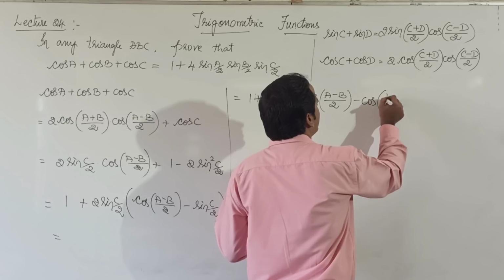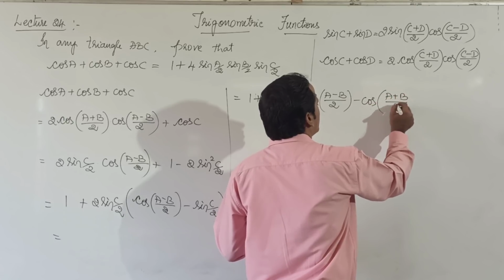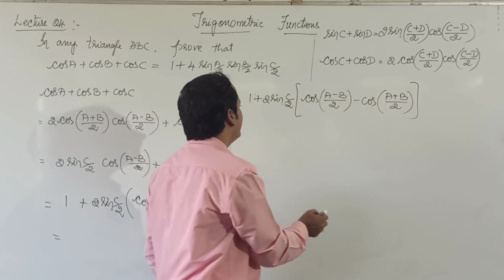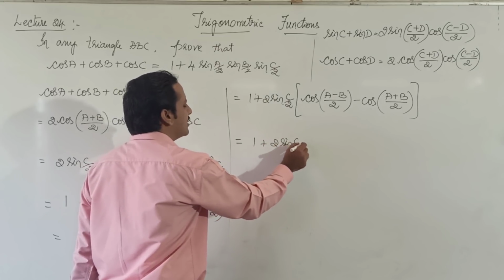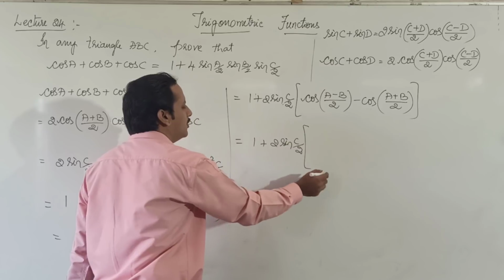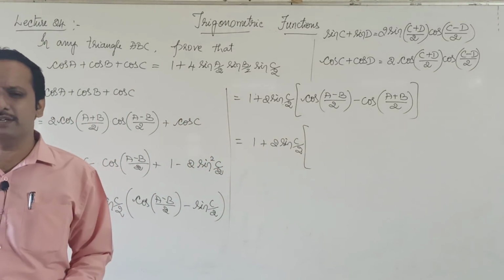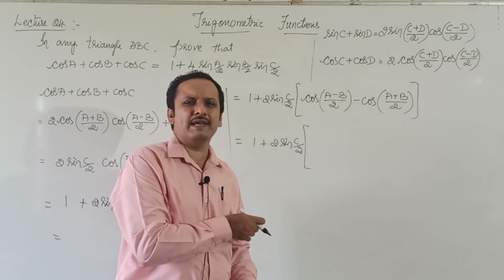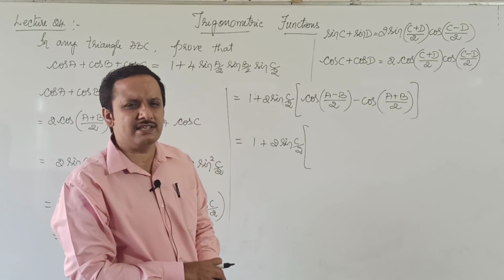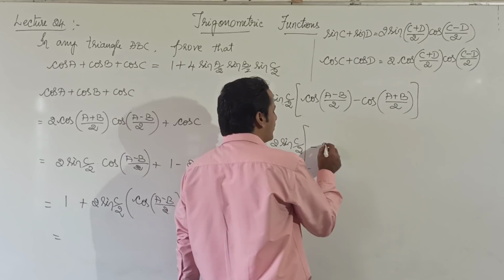Cos A plus B by 2. Okay, that's equal to 1 plus 2 sin C by 2 into cos C minus cos D. Already in the last problem also we saw this. Cos C minus cos D is equal to minus 2 sin C plus D by 2 sin C minus D by 2. Make use of that formula.